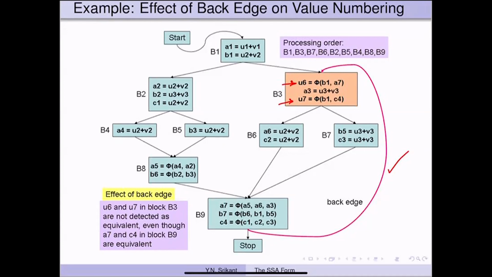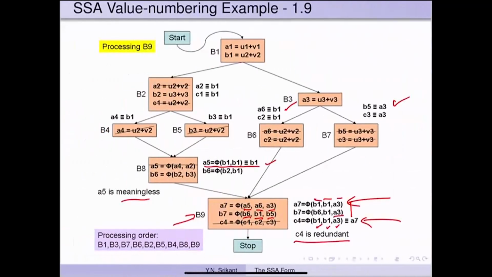So these U6 and U7 are not even detected as equivalent, even though A7 and C4 in block 9 are equivalent. A7 and C4. They will become equivalent. We did that exercise earlier, you see, here. A7 and C4.